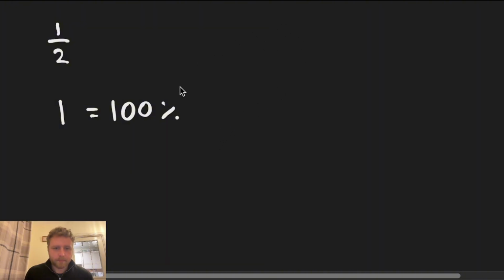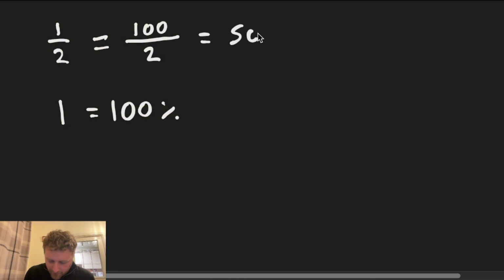So all we have to do if we want to convert, for example, 1 over 2 into a percentage is look at it as we've got the 1 at the top, so that's equal to 100% divided by 2. As we know, that is equal to 50%. And we can do it with some others as well. We can have 3 over 4.